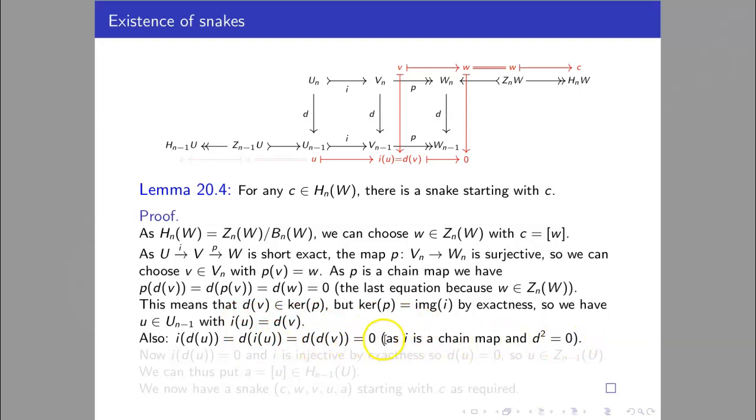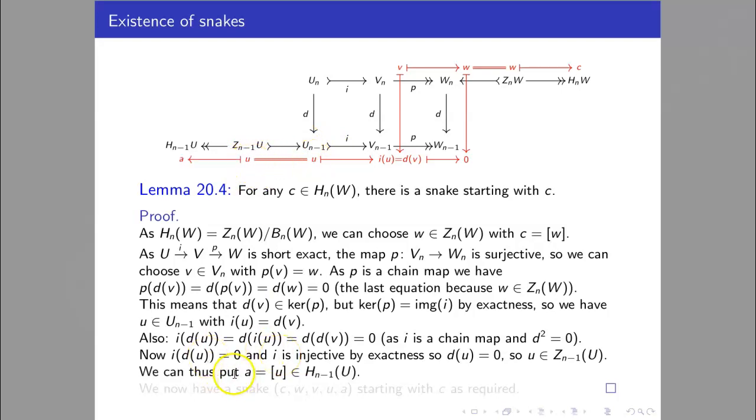So that's equal to 0. So I of du we're seeing is 0. But again, this thing's supposed to be a short exact sequence, so I is injective. So if I of du is 0, then that means that du is already 0. So that proves that u really is a cycle. It's an element of Z_{n-1} U. So we can write this u over here instead of over here.